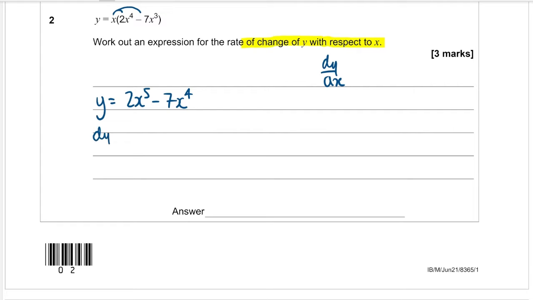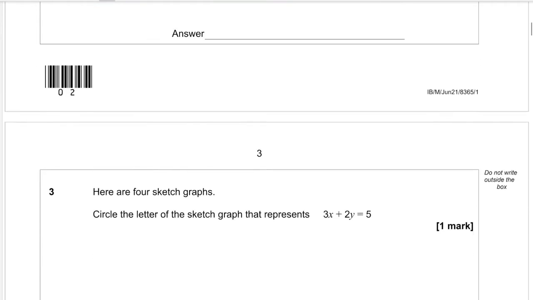And now I can differentiate, and when I differentiate, I bring the power down multiplied by the coefficient to get 10, and then I drop the power down by 1, and again multiply the power by the coefficient, and then drop the power down by 1, and I have differentiated that function.